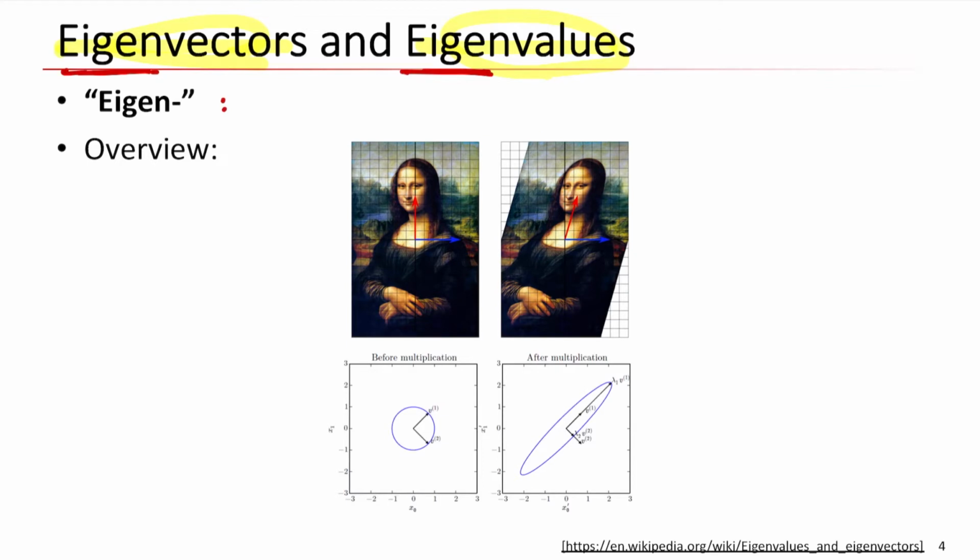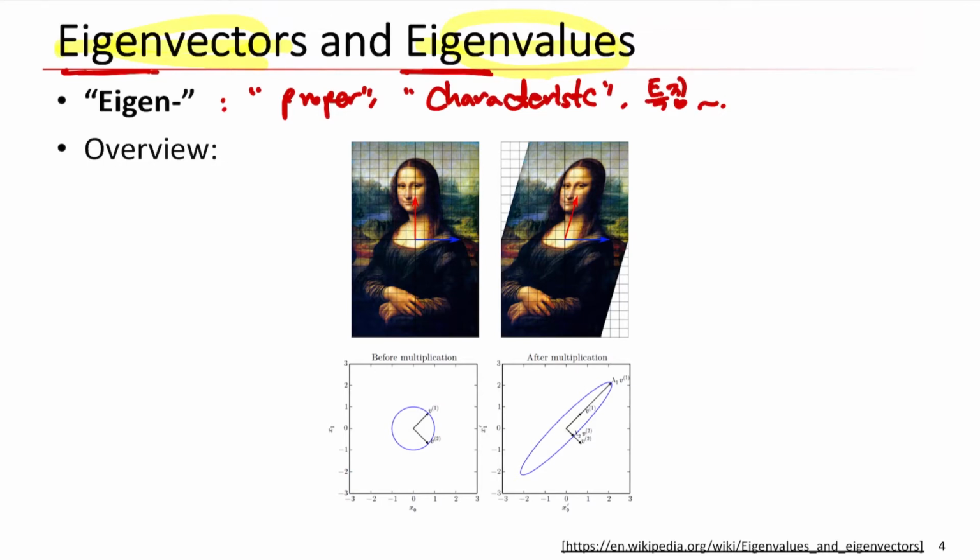The meaning of this eigen in English is something like proper or characteristic. In Korean, 특징. So it means that by using the eigenvectors and eigenvalues, we want to interpret or analyze the linear transformation denoted by matrix A.